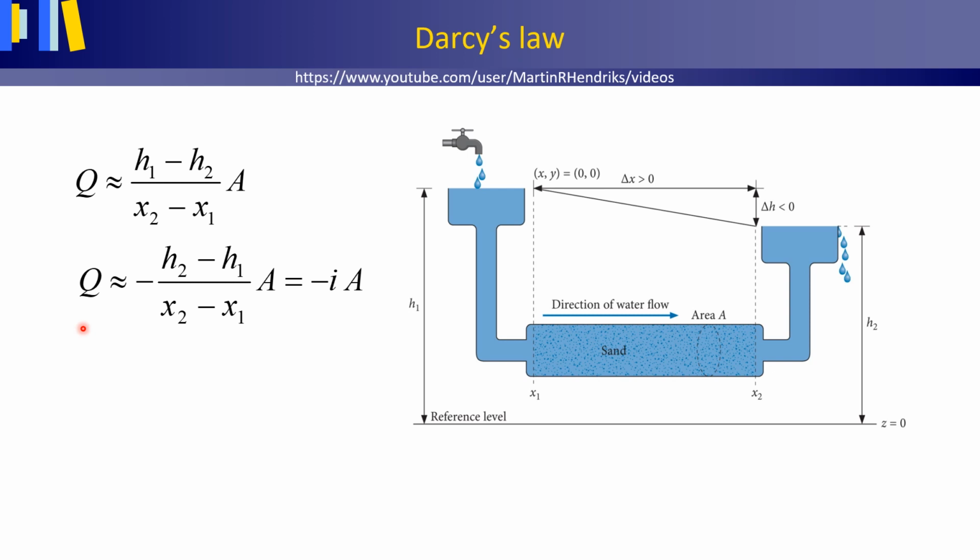To the right of the equal sign, the hydraulic gradient is in meter per meter, so dimensionless, and the area A is in square meter. So we have cubic meter per day to the left and square meter to the right of the equal sign. And thus we are still missing out on a term in meter per day to the right.